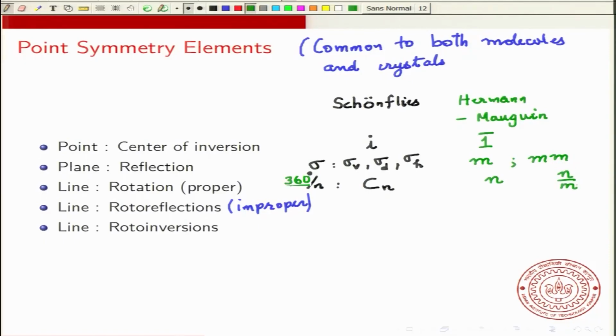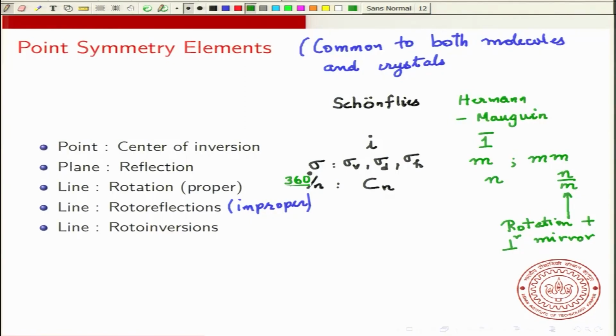N by m. So this refers to a rotation plus a perpendicular mirror. Okay. So that's about these proper rotations.